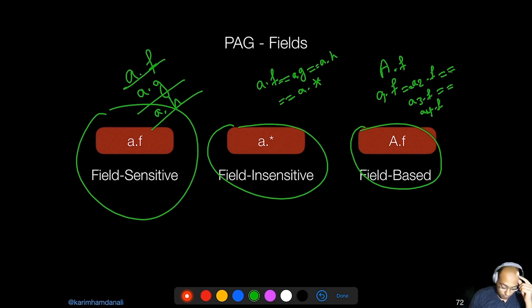So in both field-sensitive and field-based, I do care about the field. Field-insensitive does not care about the field. In both field-sensitive and field-insensitive, I do care about the base of the field access. I need to have a specific concrete object. In field-based, I don't care about that object. I'm just going to use the class name to differentiate accessing those fields.